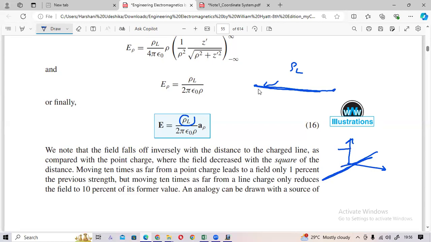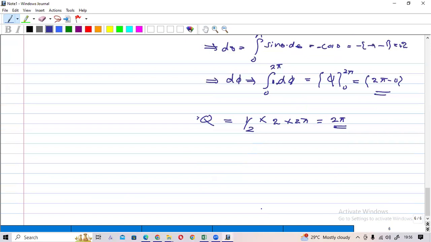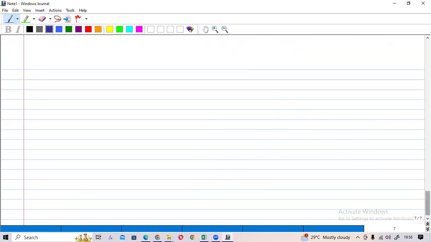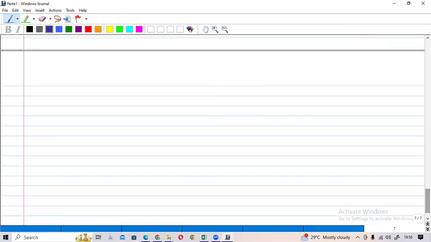This line charge is on the z-axis. Just try to understand the concept here. So now you have a line charge here.